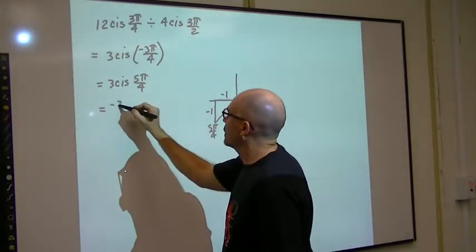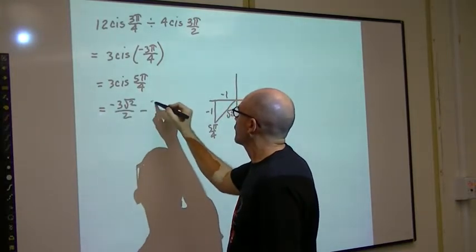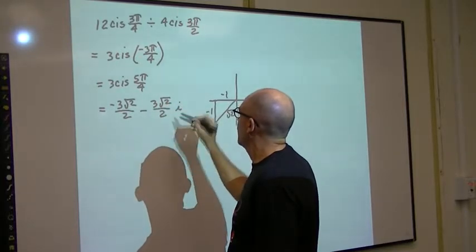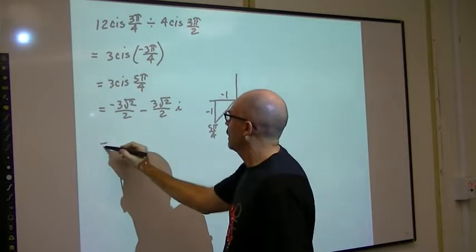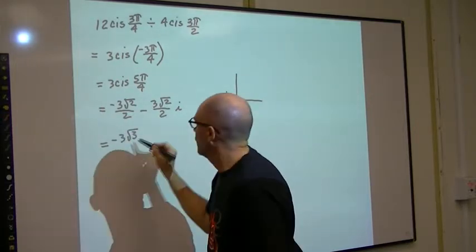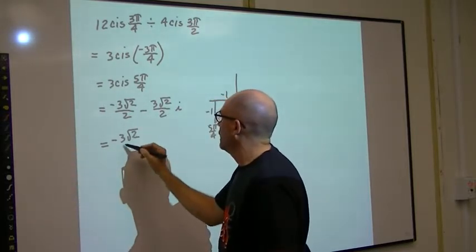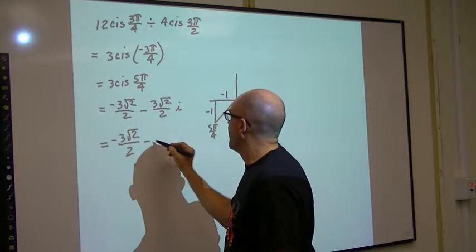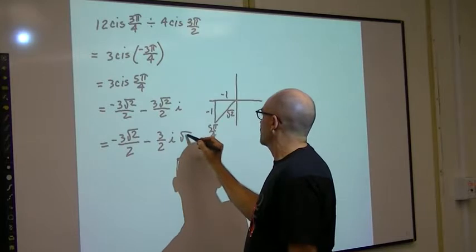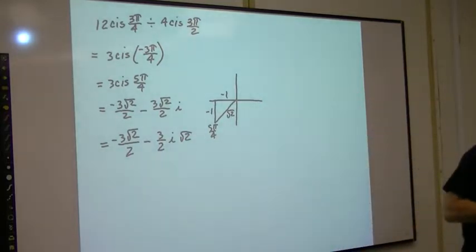So it's negative 3 square root of 2 over 2 plus 3 square root of 2 over 2 I. That's a little more formal way of displaying the answer.